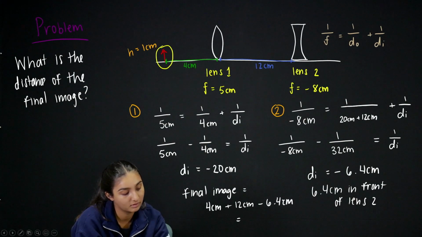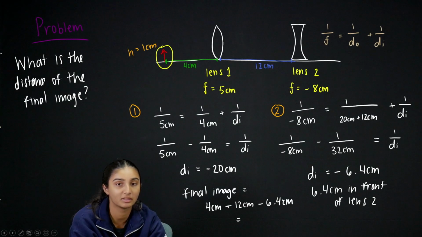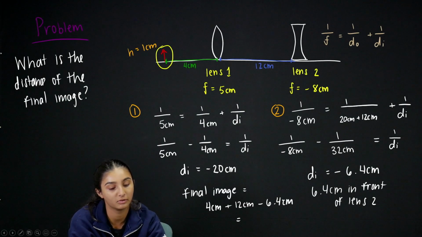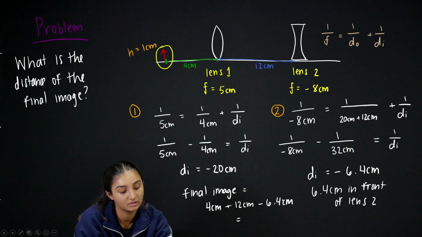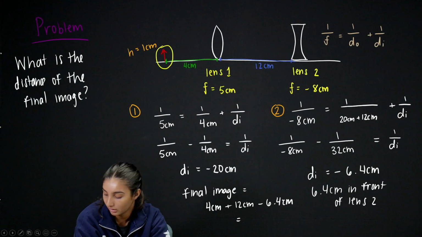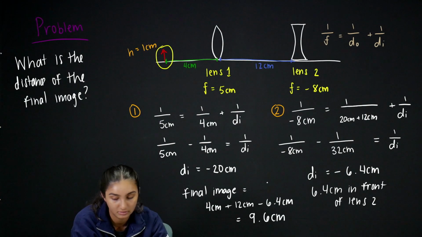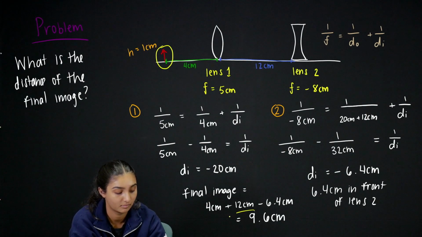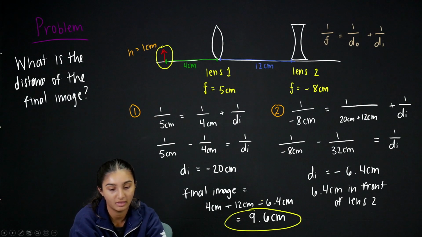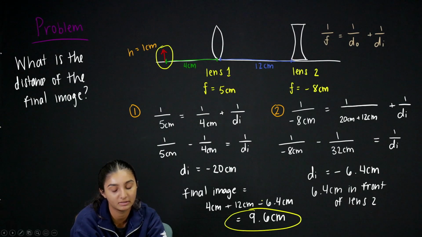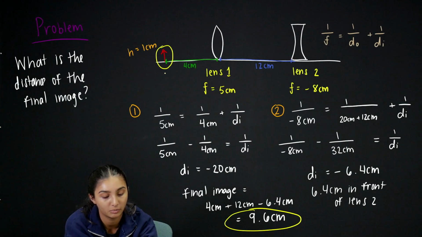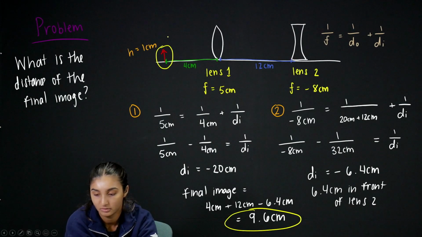The 12 centimeters minus the 6.4 will account for the difference between the two lenses to find the exact location of our object. So our final answer is 9.6 centimeters. And that means it is 9.6 centimeters from our initial point, which was right here.